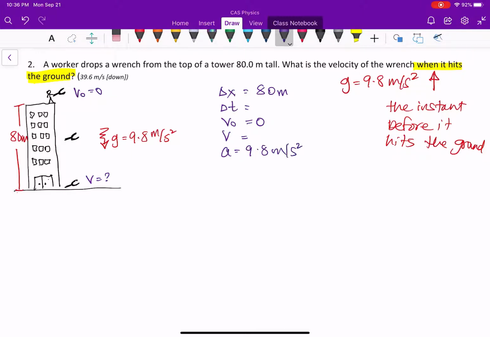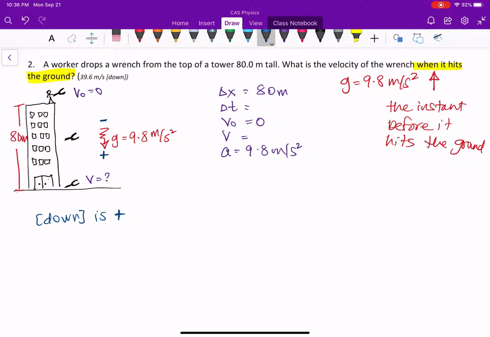I want you to notice here that without actually explicitly doing it, I've actually created a sign convention. What I've assumed by the numbers I put in here is that down is positive and up is negative. That makes sense because my acceleration is down, so it's accelerating downwards, so that's positive, and it falls downwards.